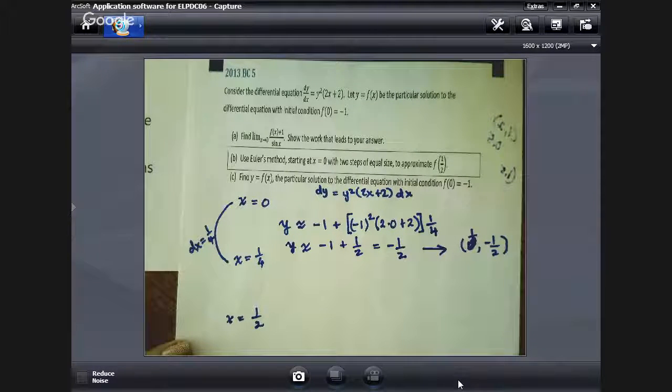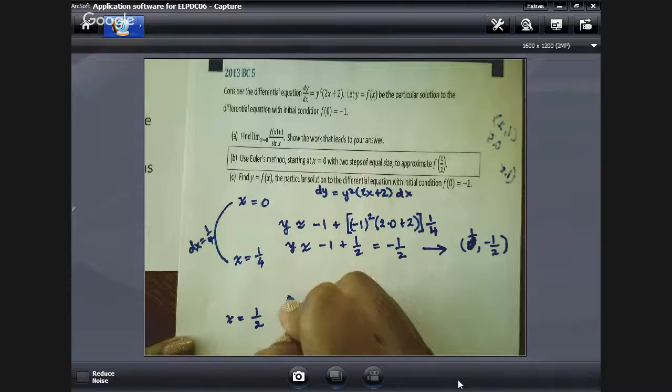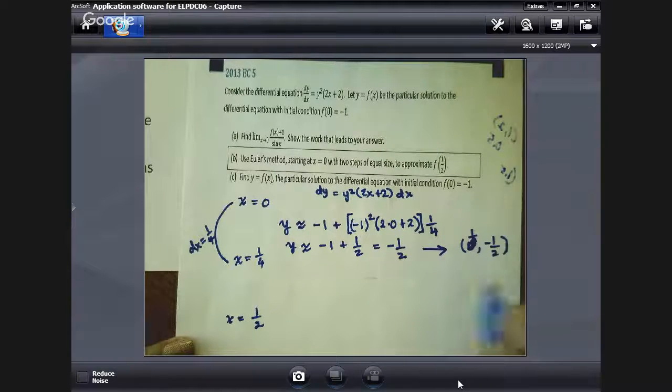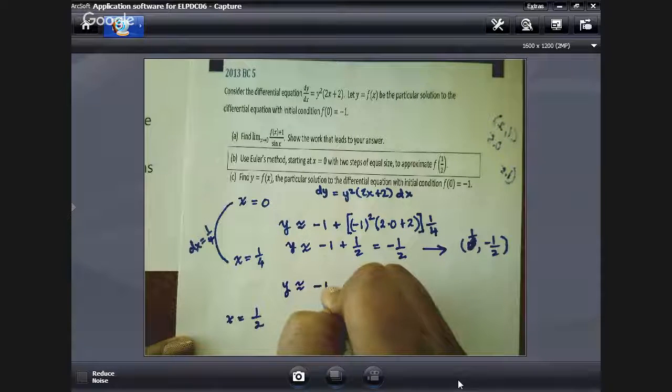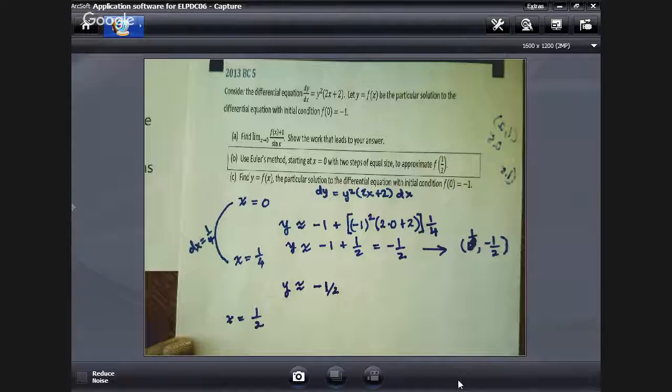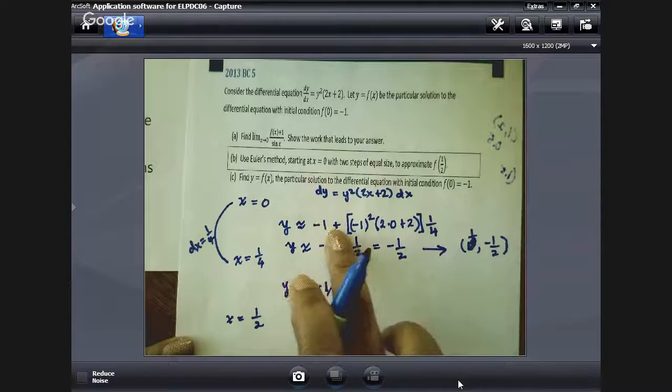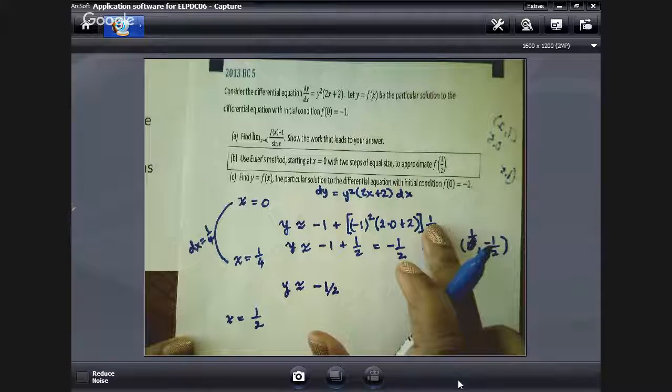Now I need to do the whole thing again, right? So starting with the point (1/4, -1/2), my new y coordinate would be -1/2, because that's now this y value, right? Think of this as y coordinate plus slope times delta x, a change in x.